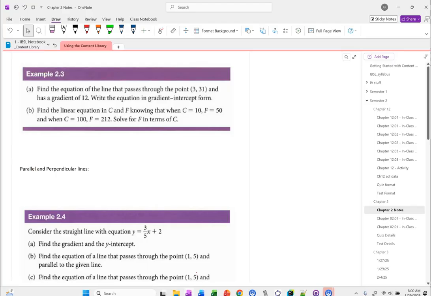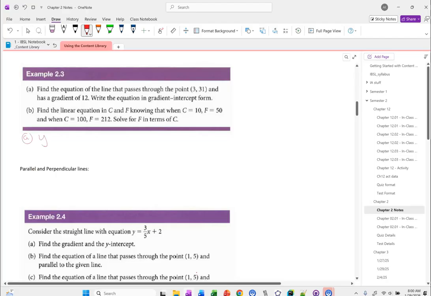What do I do? Since you're given a point and a slope, we start here with the point-slope form, and then we can just rearrange.